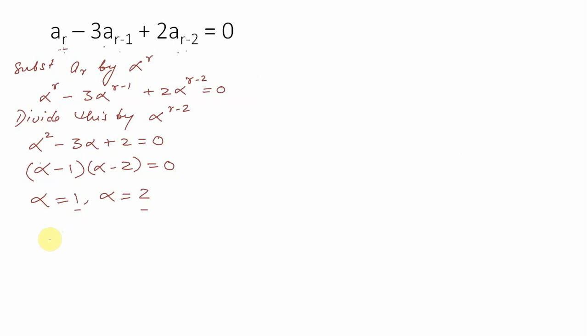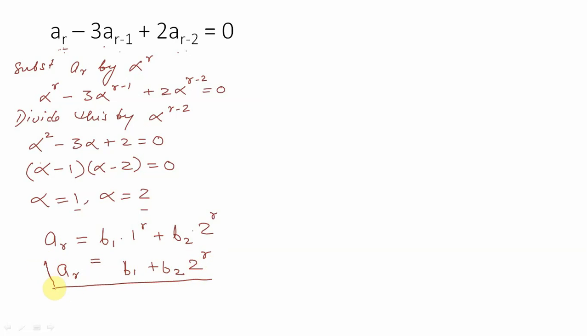So the homogeneous solution is a_r equal to b1 into 1 to the power r plus b2 into 2 to the power r. Now 1 to the power r is 1, so it is b1 plus b2 2 to the power r. So this is the required solution.